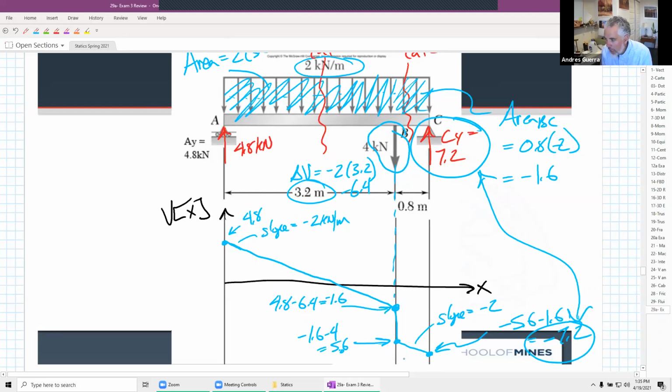Now, regarding where V is equal to 0, we are going to need to figure that out, because we are going to draw the moment diagram next. And so where V is equal to 0 right here, that's where M is maximum. And we're going to need to find that to do our moment diagram.